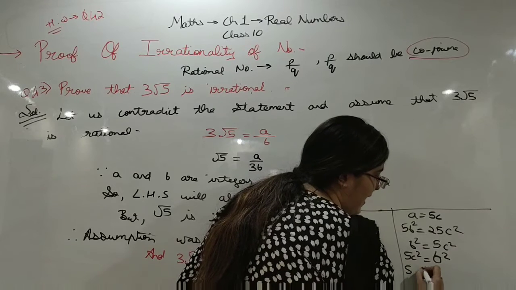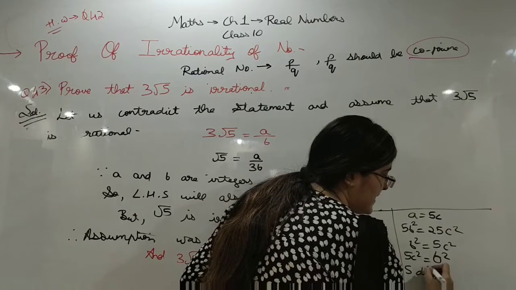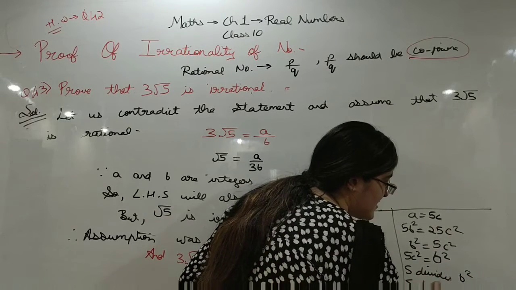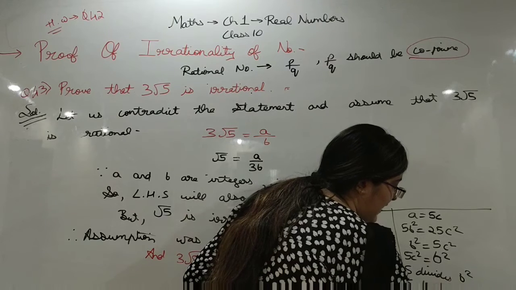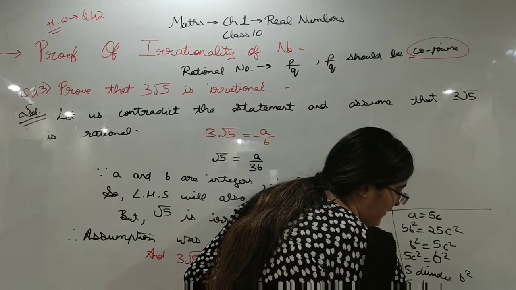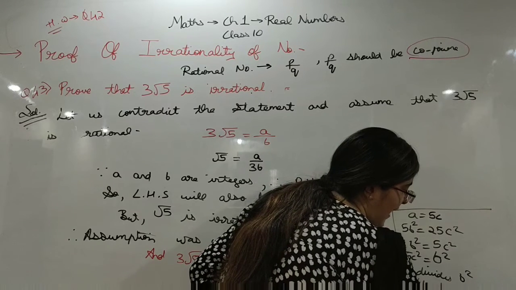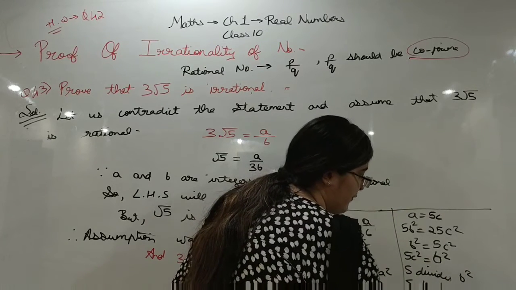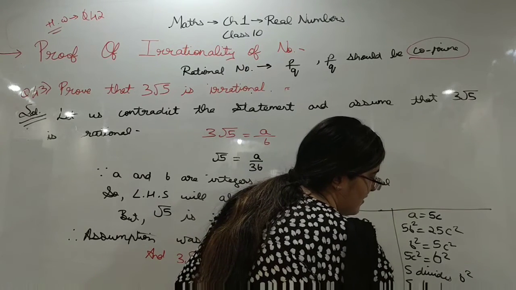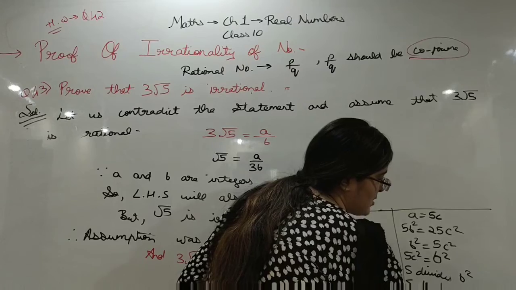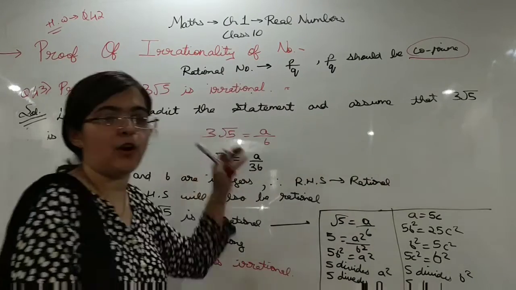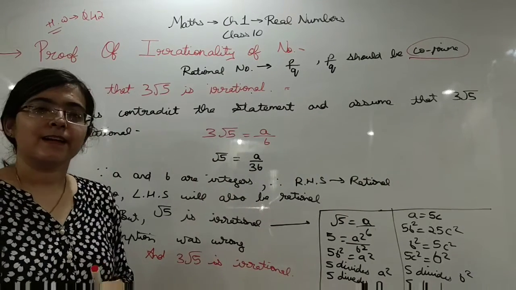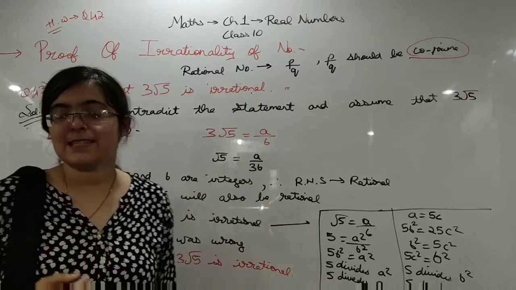That means 5 divides b square and 5 divides a. So 5 is a common factor of a and b. Therefore root 5 is irrational. Okay, the same procedure you have to do again in all the questions. Clear? The rest is all same.